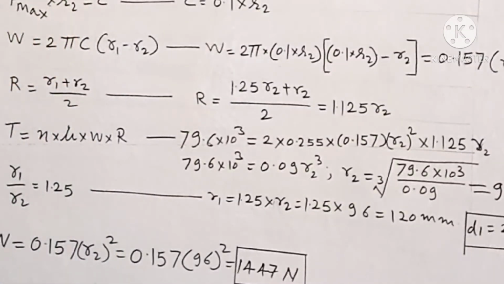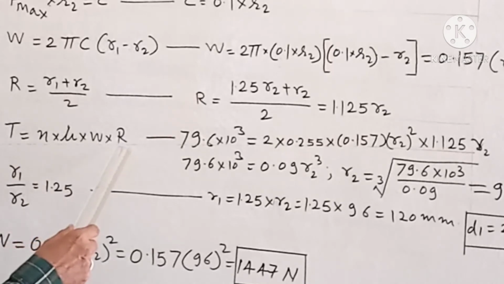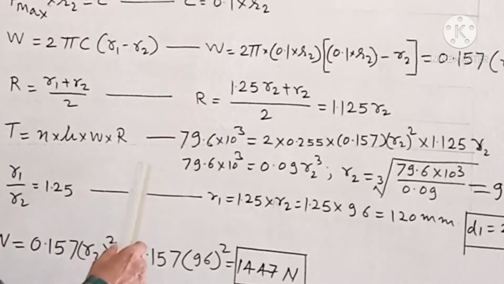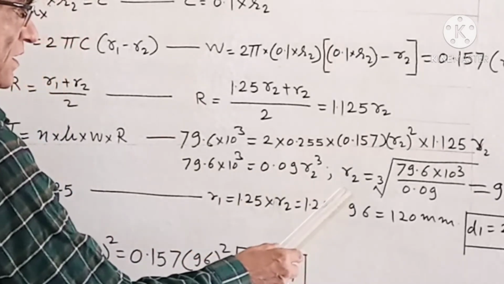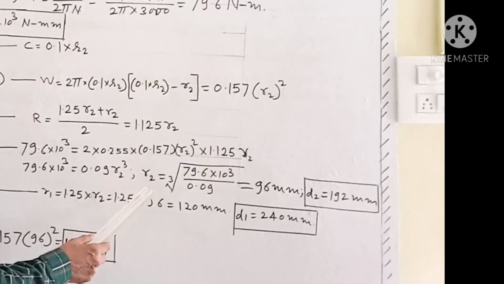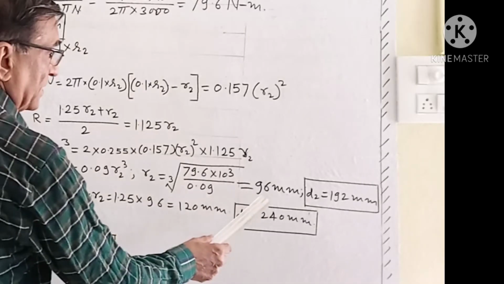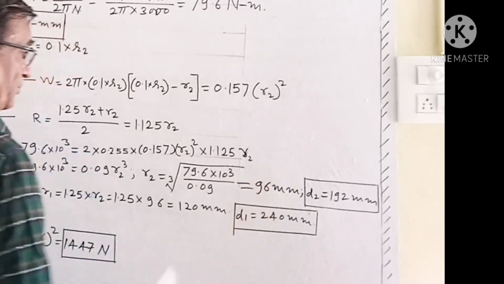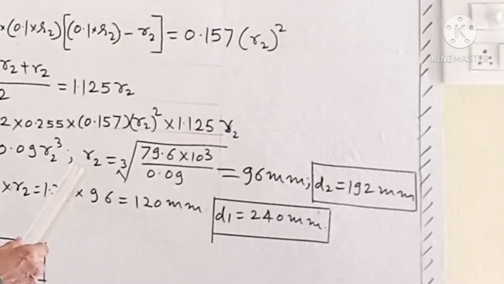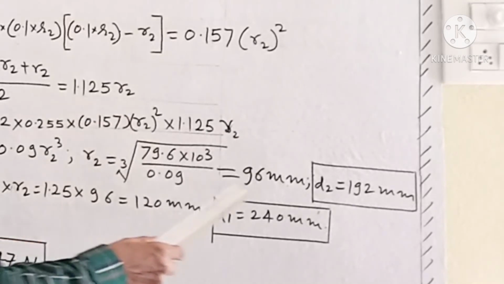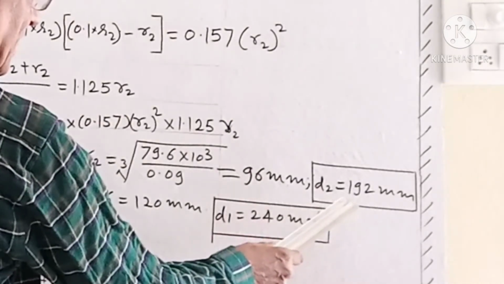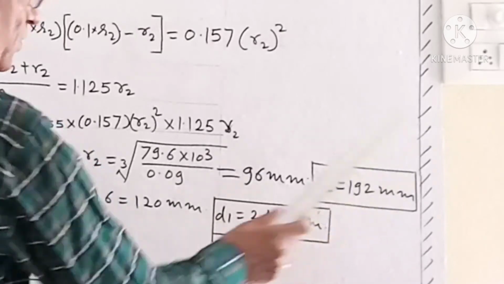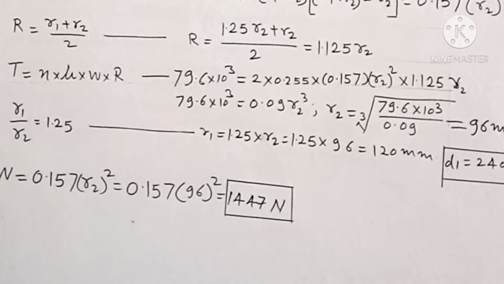Now putting the values of torque, N, mu, W and mean collar radius, we will calculate the value of R2. The value of R2 comes out to be 96 millimeter. Now multiplying the value of R2 by 2, we get the diameter D2, that comes out to be 192 millimeter.